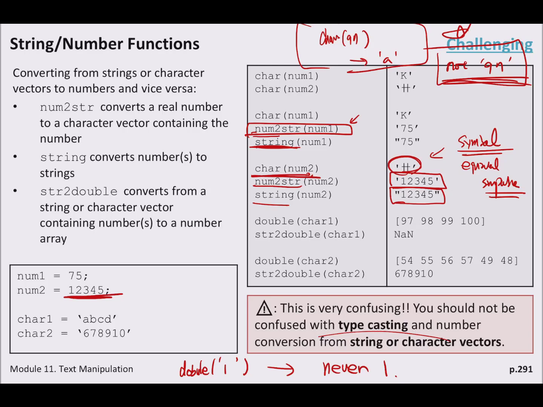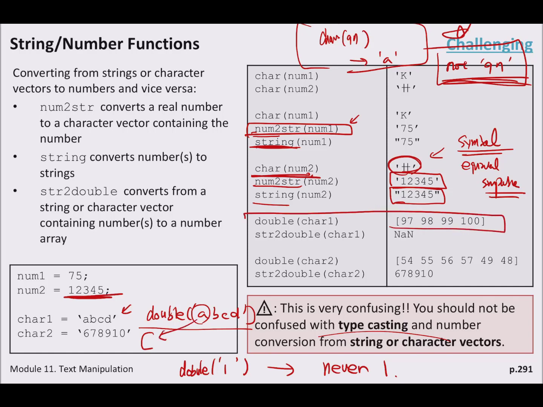How to convert a character to a number? Let's say here character 1 is ABCD. That is a character vector. If you do double, it becomes a vector that contains the equivalent numeric values like this. But how about str2double?